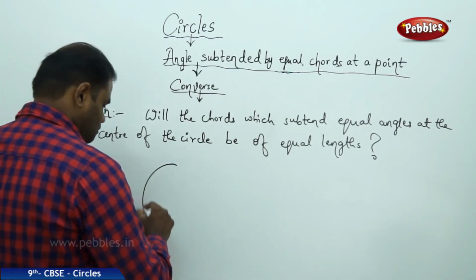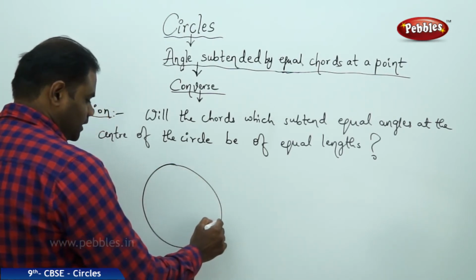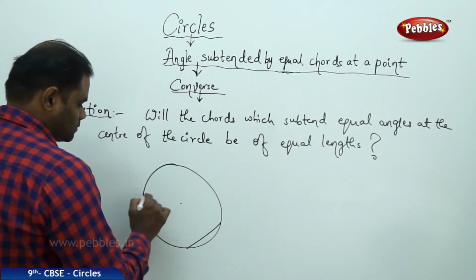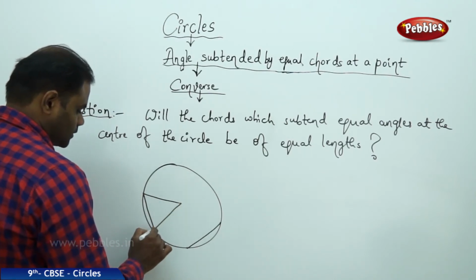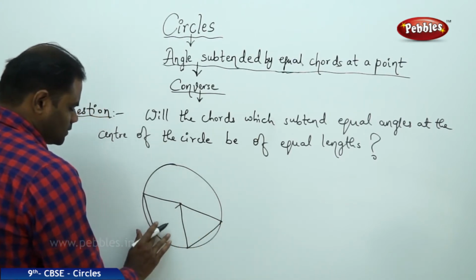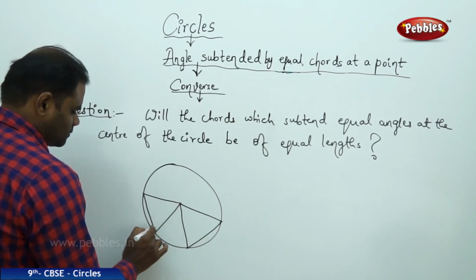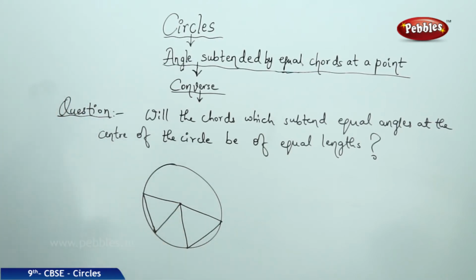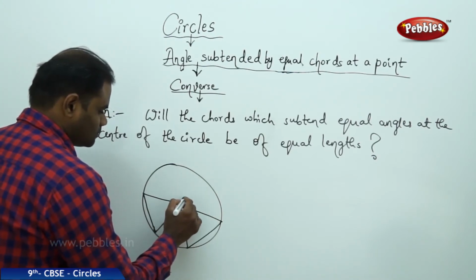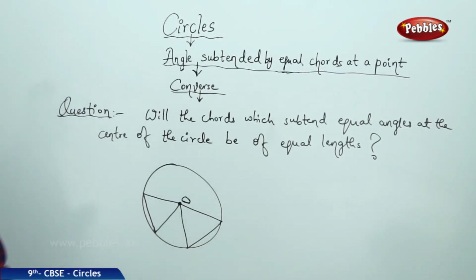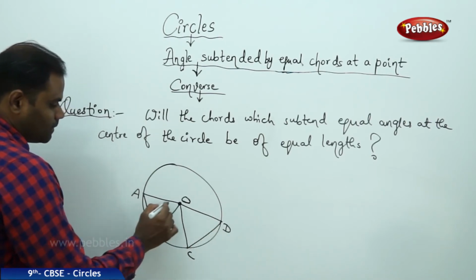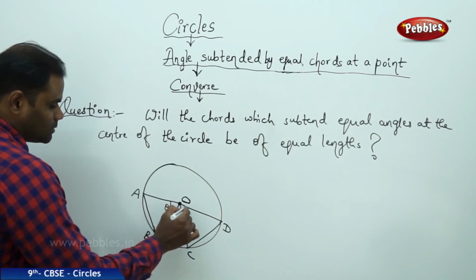If I take a circle, if I take two chords which subtend equal angles at the center of the circle, being O. I have the chord AB and the chord CD which subtend equal angles.